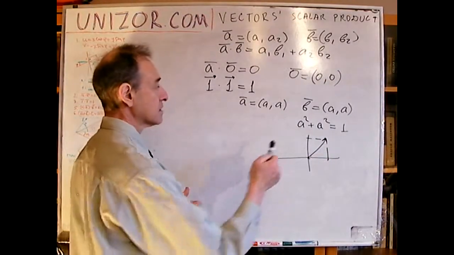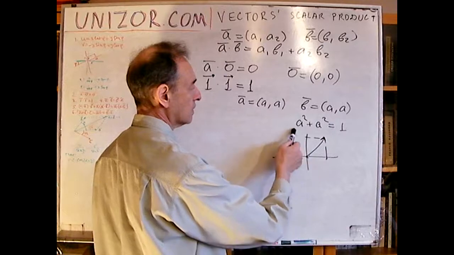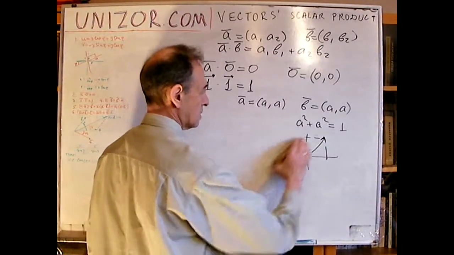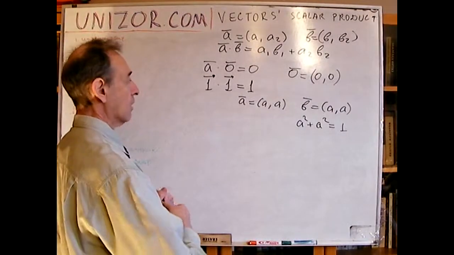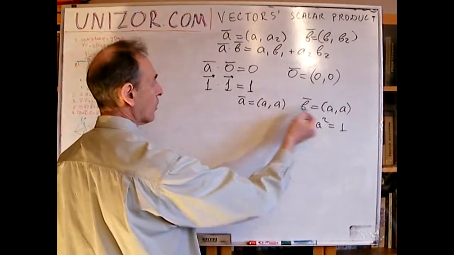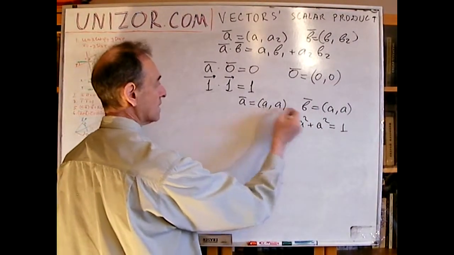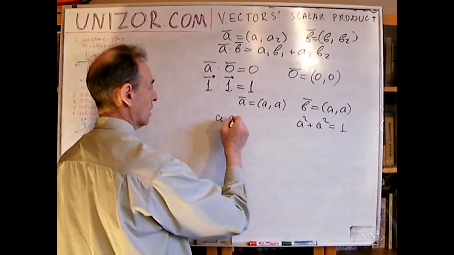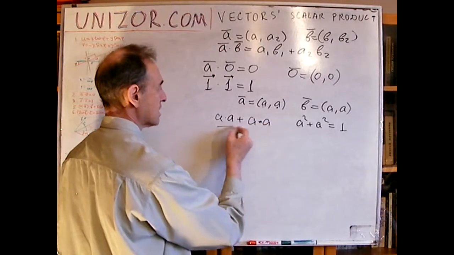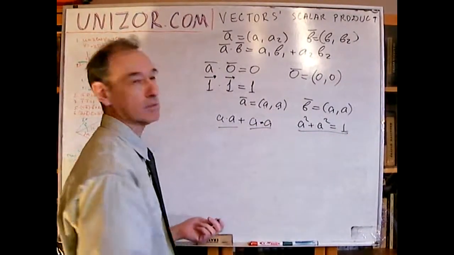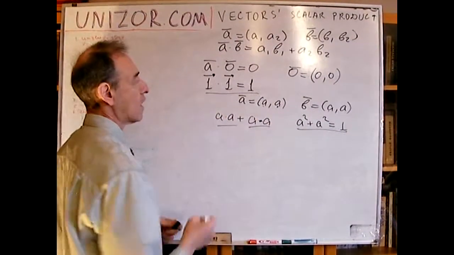So if this length is equal to 1, then this should be the equality which I'm actually talking about. But now, what is the scalar product of a and b in this case? Well, it's a times a, right? Plus a times a, which is exactly a squared plus a squared. I know it's equal to 1, right? So that's how we prove this one.